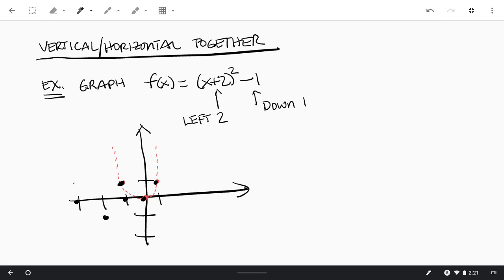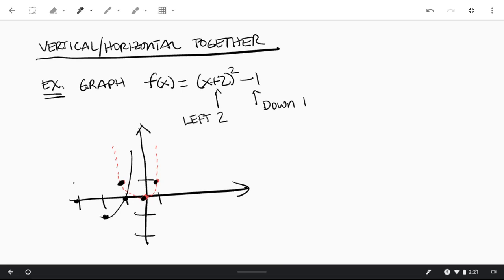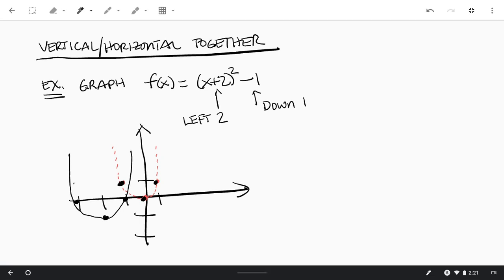So these are the new locations for my 3 points, and this is going to be the new location for my parabola. So that's your horizontal and vertical shifting.